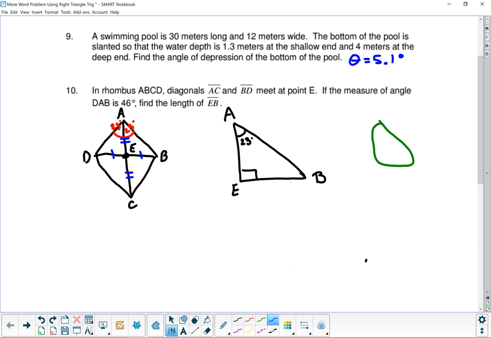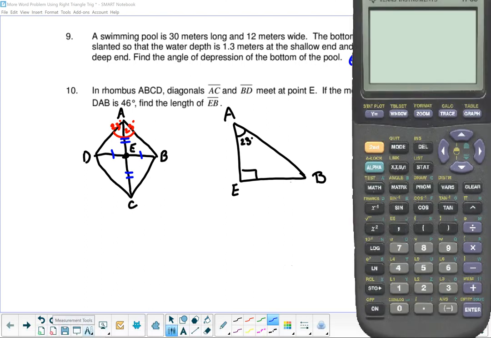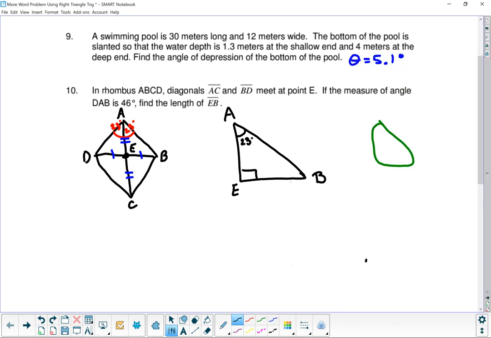I mean, we could find the other angle over here: 180 minus 90 minus 23 gets you 67. So we know this is 67 here. But that doesn't tell you anything about the sides.